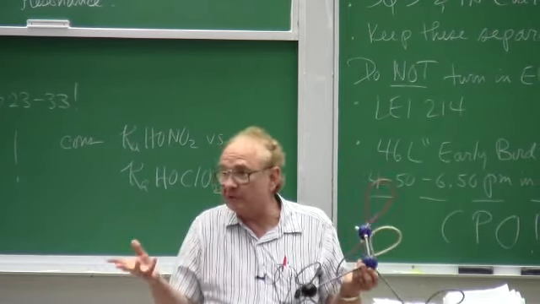Okay? We know that Ka of acetic acid in water is 1.8 times 10 to minus 5. How do you think Ka observed for acetic acid in ethanol will compare? You think it'd be the same? Higher or lower?